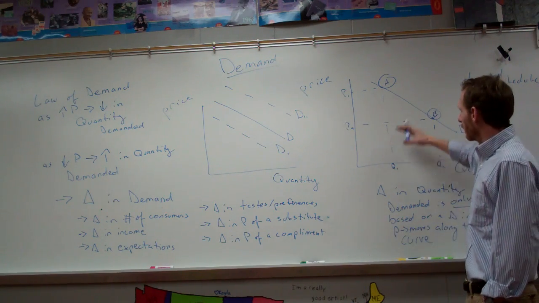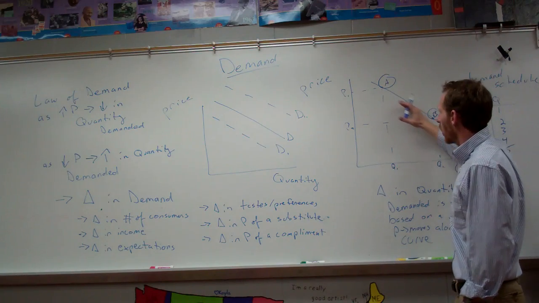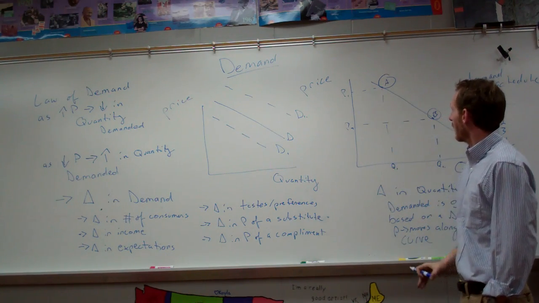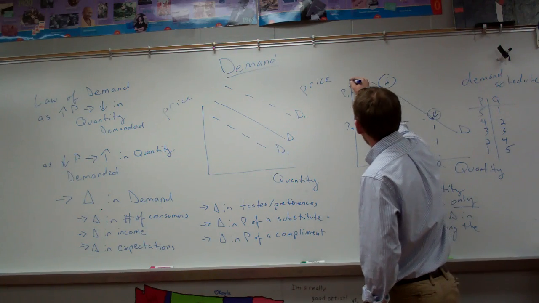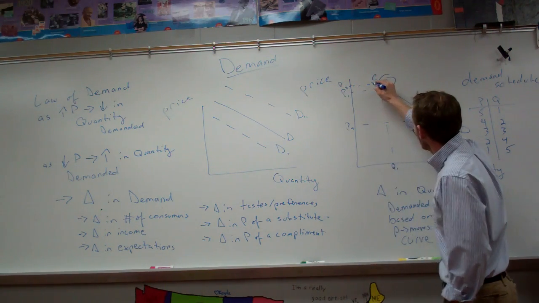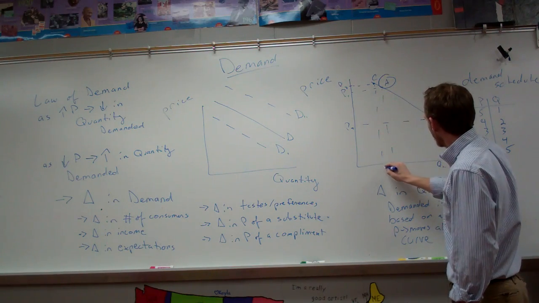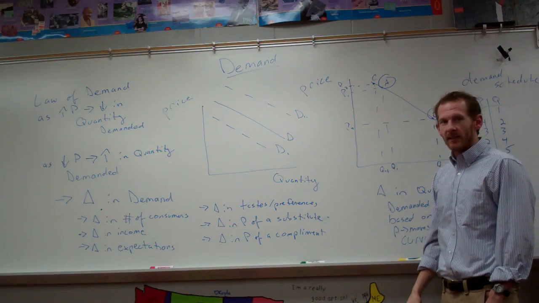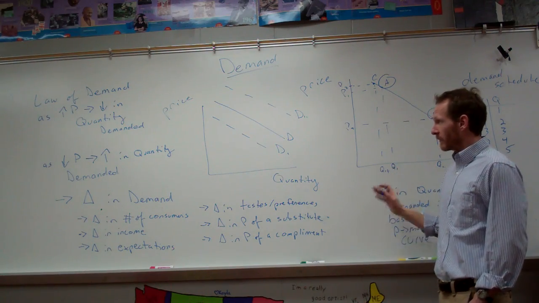Okay? The curve does not move, we just move along the curve. Right? We move from point A to point B, or from point B to point C. If, for instance, price went up to P sub 3, we would hit this point right here on C. Higher price leads to, we'll say, Q sub 3, a smaller quantity demanded. So that is quantity demanded.